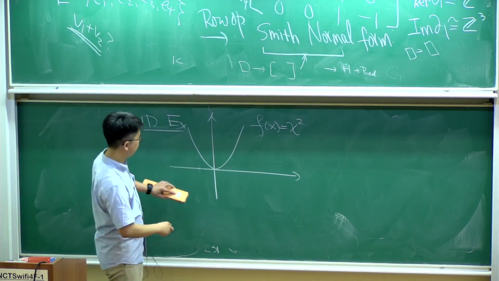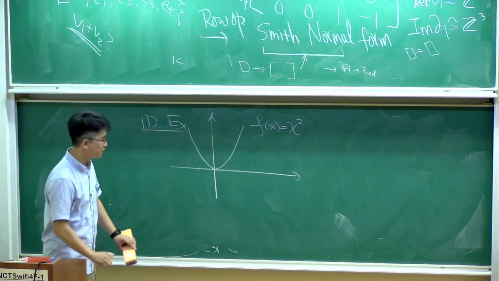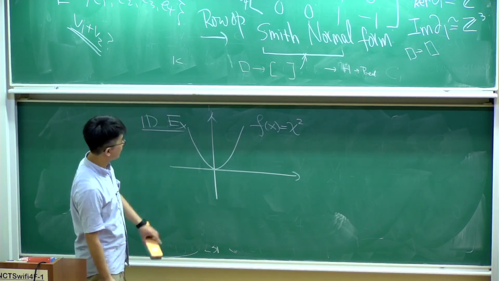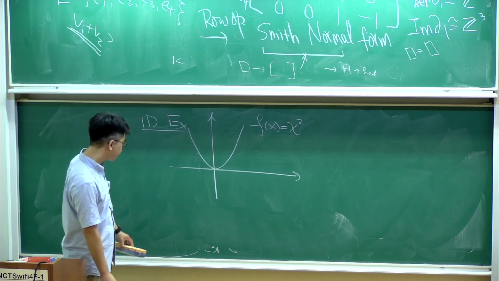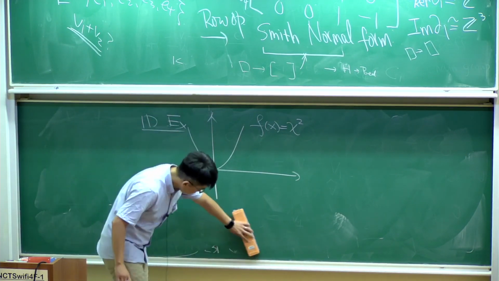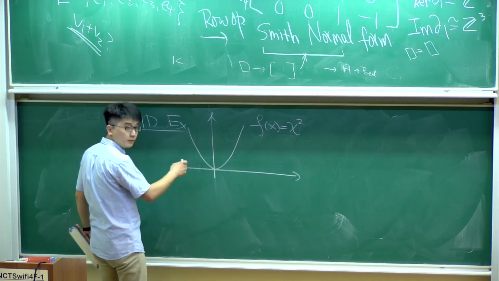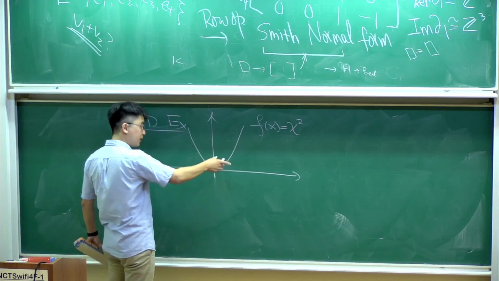So what do we do in the computer? The first thing is you discretize this one-dimensional map.